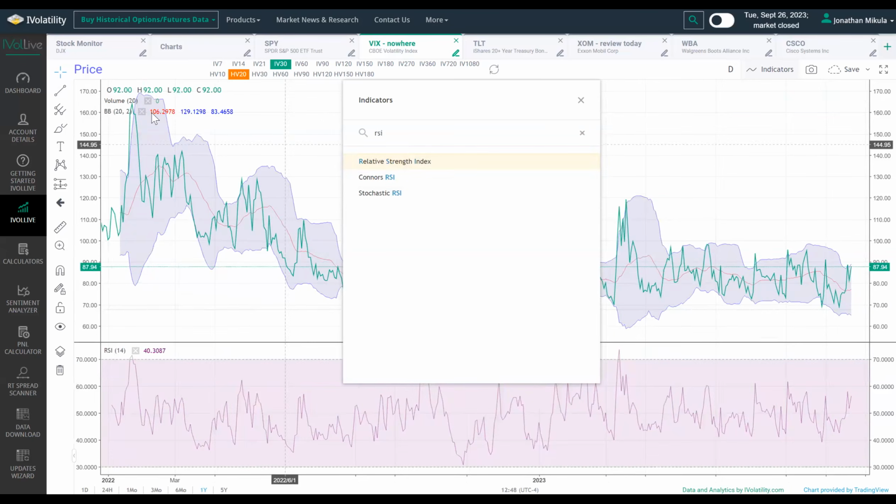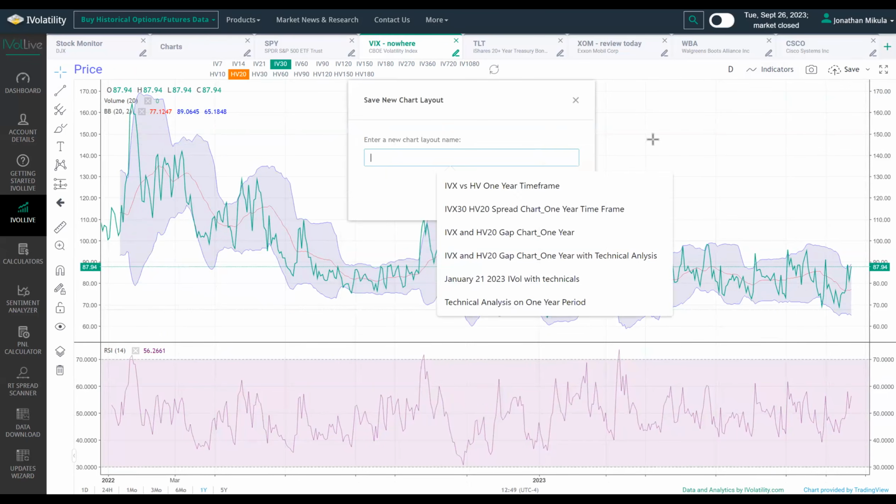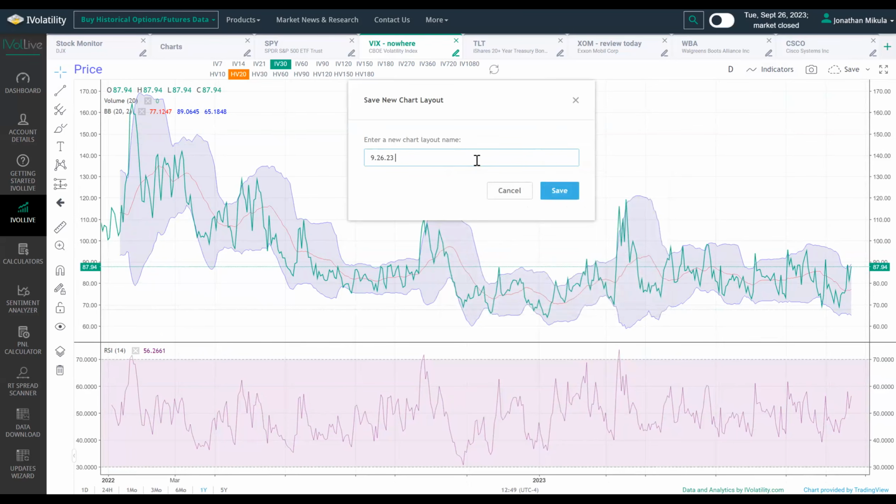What we can do now is hit save. So this could be 9/26/23 underlying implied vol with BB and RSI. So now I can hit save.